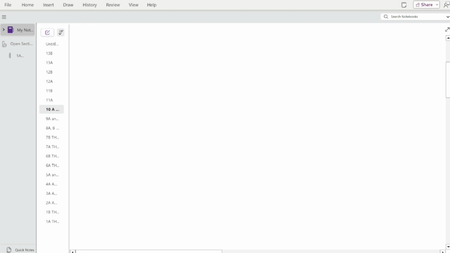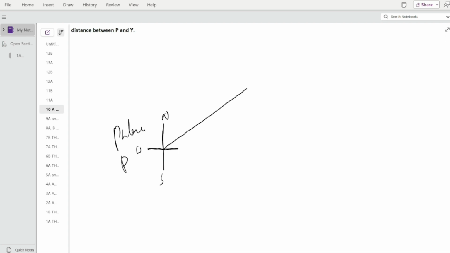We have our four cardinal points here. We have our north, our west, our south. Then we have our plus P here. Plus P, we draw 60 meters. We have our north, west, east.